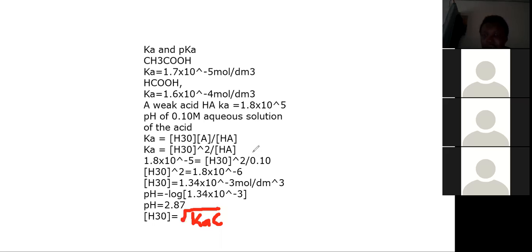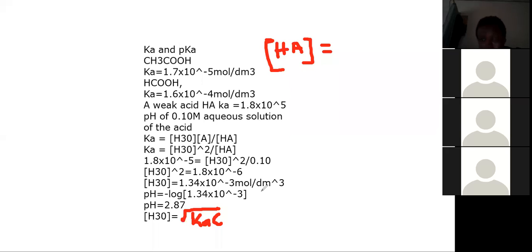But before you can say something is concentration, the HA itself is the acid. Now, when you put it into brackets like this, then we call it the concentration of the acid. So you realize that it's in brackets. So I can say the concentration of the aqueous solution H3O plus is equal to the root of the Ka, which is the dissociation constant of the acid, times the concentration of the HA.